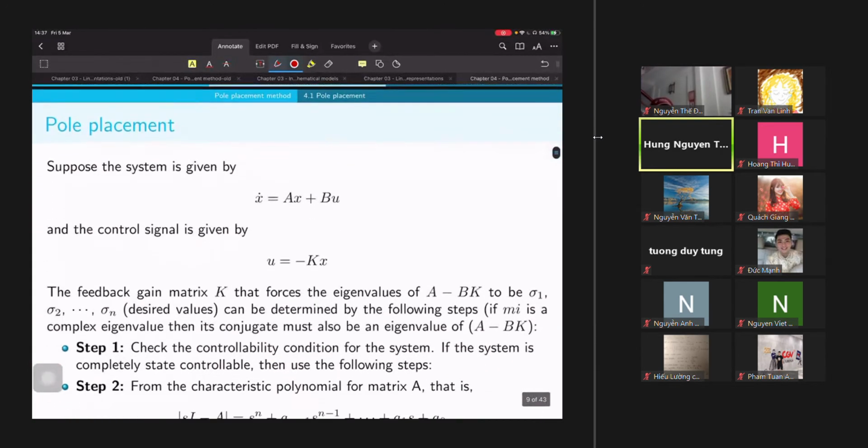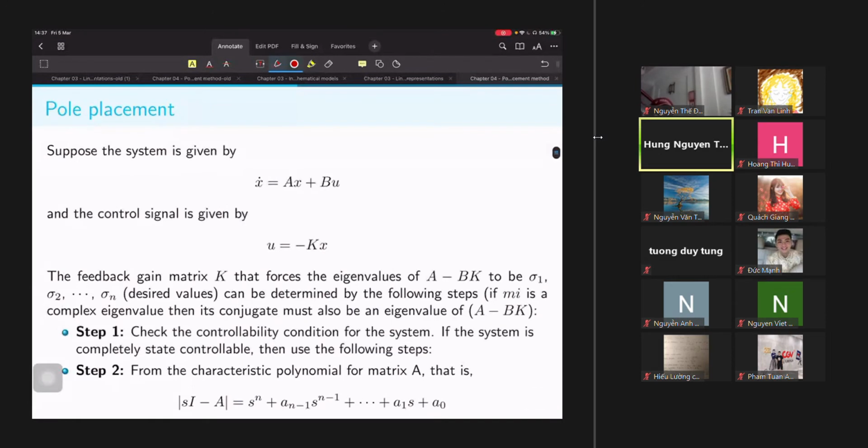Now look at this. We assume that we have a system represented by this equation in the classical way, and we already know that the input signal is u equals minus kx. I hope you still remember that form. Maybe I will write it here again.